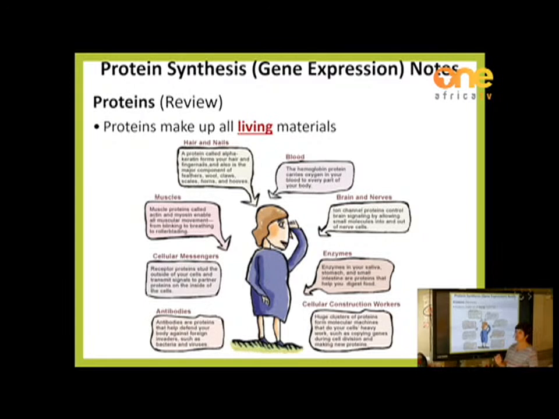We need proteins because they make up living material. We know blood contains hemoglobin. The brain needs the channel proteins in order to get the brain signaling small molecules to enter the nerve cells.